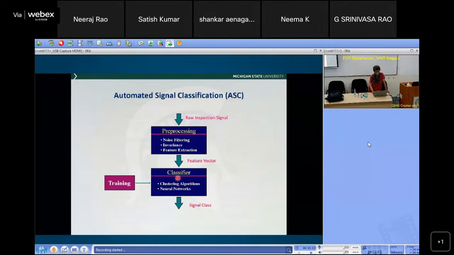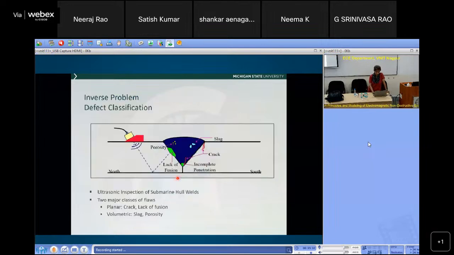Anybody here working in signal processing, pattern recognition? So it tells you, if you're an NDE engineer, you have to have such a wide spectrum of knowledge to build a full-fledged system.